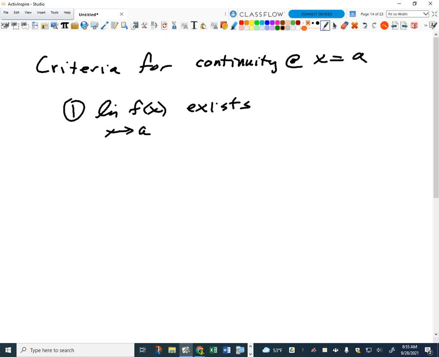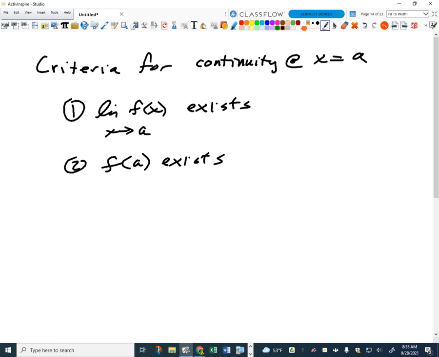Say it again. Okay, good. So the function has to exist, meaning the function is defined at that point. And what's the big thing here? I think you were getting at this, Madeline. So the function has to exist.